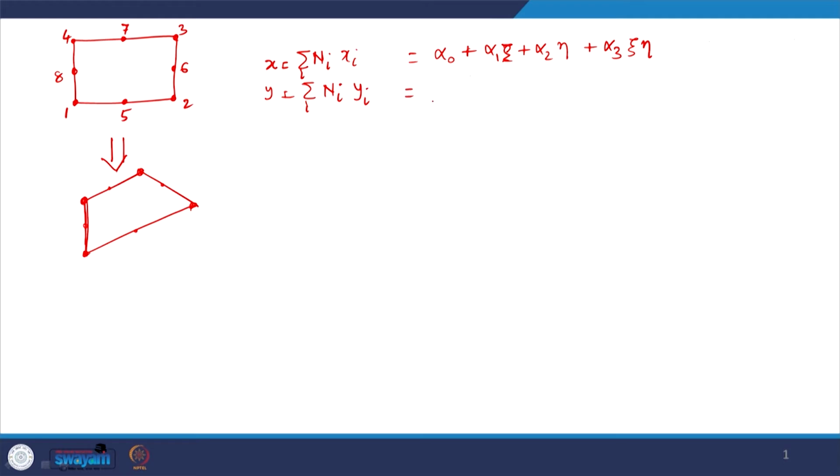So, y will be equal to beta 0 plus beta 1 xi plus beta 2 eta plus beta 3 xi eta.